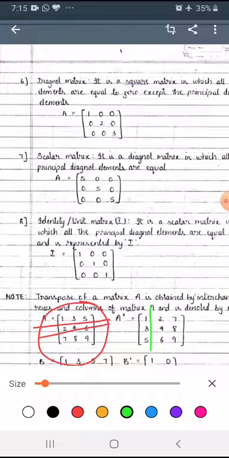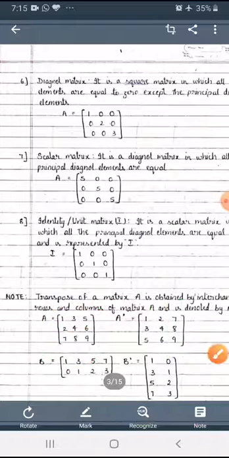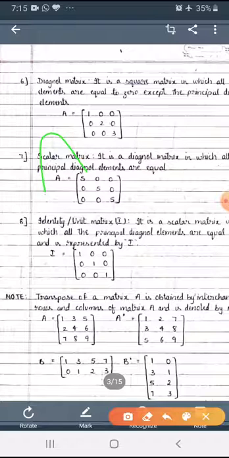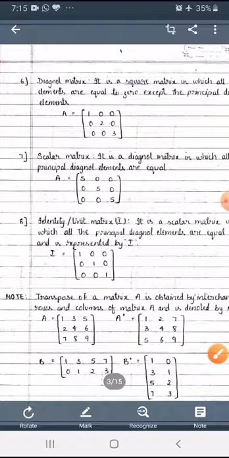Now I am writing it column-wise: 1 3 5. I am interchanging. The second row is 2 4 6, and now I write it column-wise as 2 4 6. The third row is 7 8 9, and I write it column-wise too. So interchanging the rows and columns gives the transpose of the matrix. Generally the transpose of a matrix is denoted by A dash or A transpose. Generally we use dash only, but if you use T, it is easy to identify as a transpose.